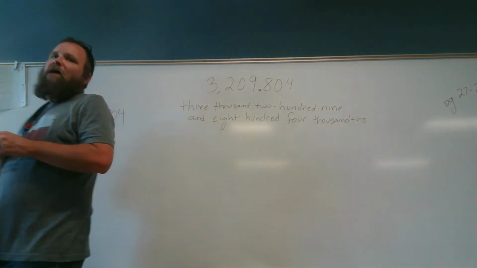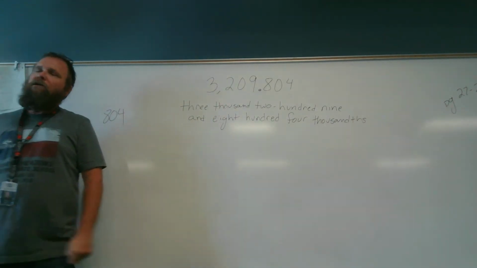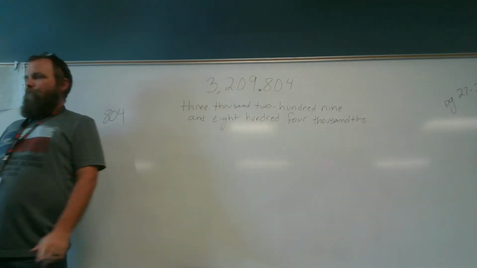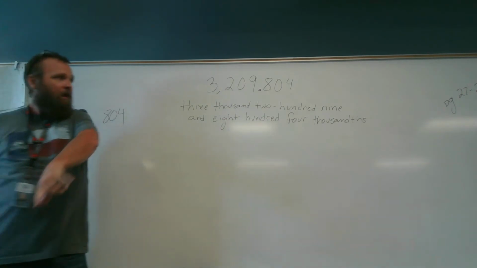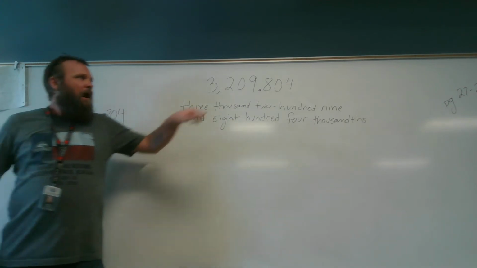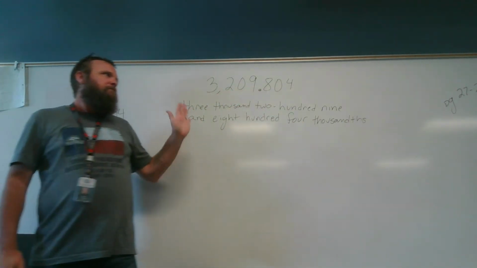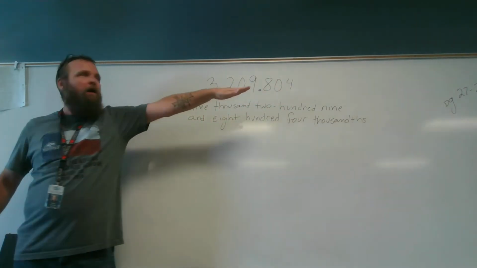Okay, so the steps. Read in front of the decimal just like you normally would, just like you've been doing since you were 4 years old. For the decimal, you write the word and. After the decimal, just read it. Don't think about what the numbers are.